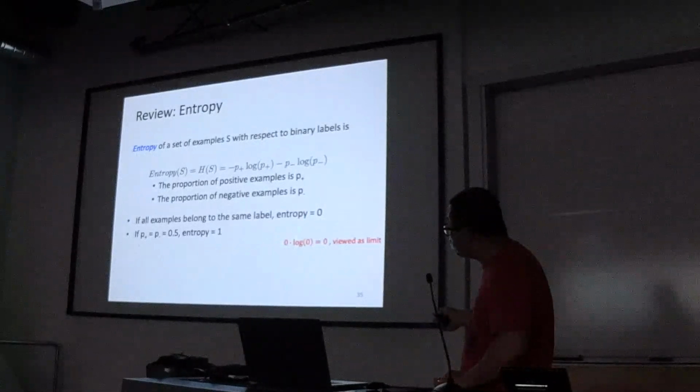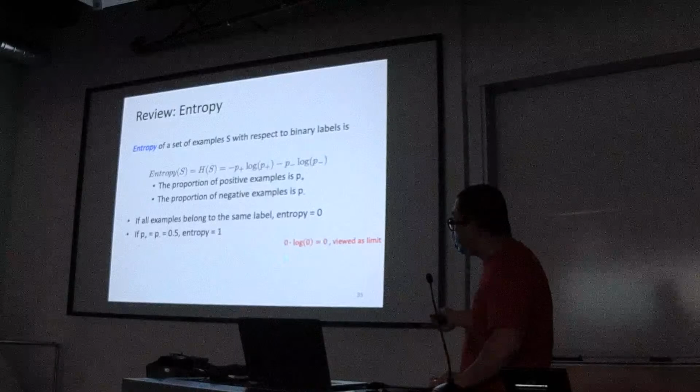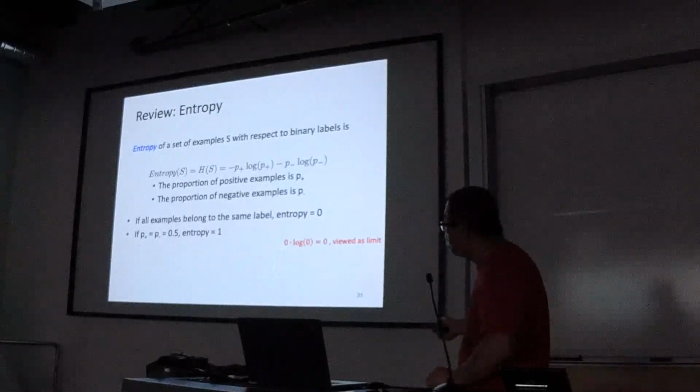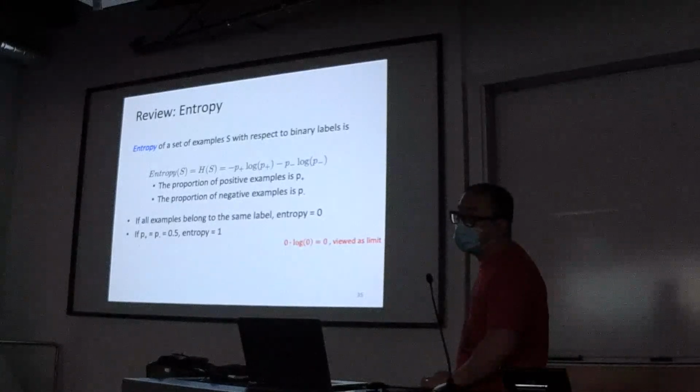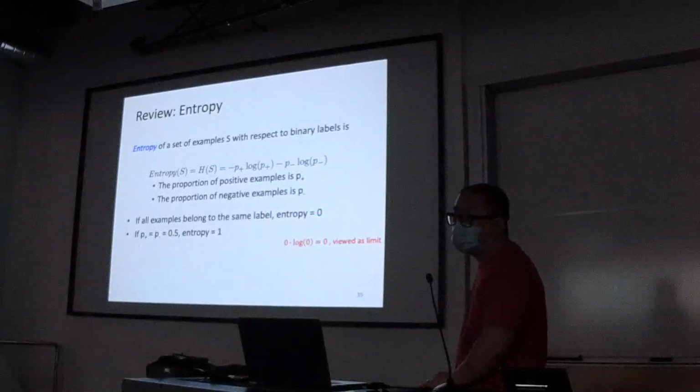You can view it as x times logarithm x, and when x approaches 0, you can show that this limit is 0. So you can simply view this term as 0, though that's not very rigorous. So if all the examples belong to the same label, the entropy is 0.